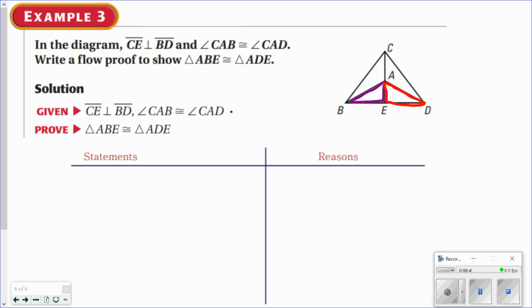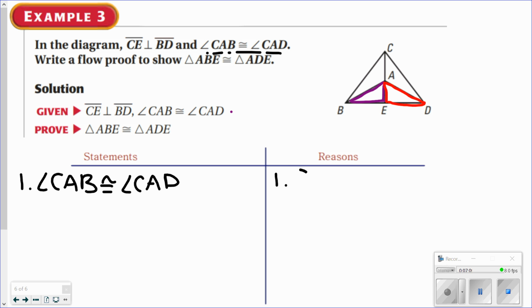All right, so what am I going to do first? Well, I'm going to write out what is given. I'm actually going to start with this part here, that angle CAB is congruent to angle CAD, and that was given.